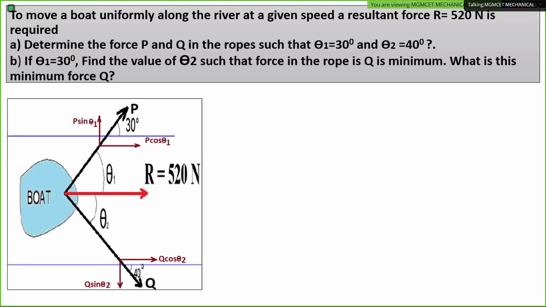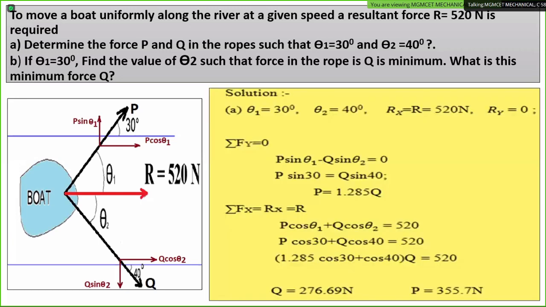Yes, because R के component क्या होते हैं? R cos theta is nothing but summation of f of x. So here summation of f of x will be 520, whereas summation of fy क्या होगा इसमें? Zero. Summation of fy means y component of the resultant, which is 0. बस खत्म. इतना समझ में आ गया तो question खत्म हो गया. It's a very simple question.